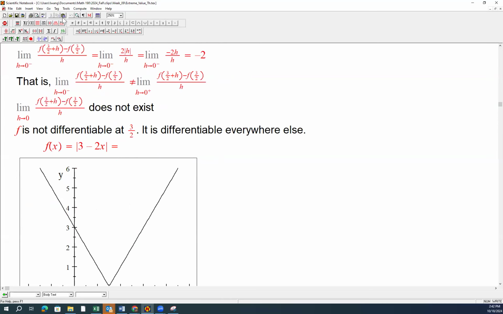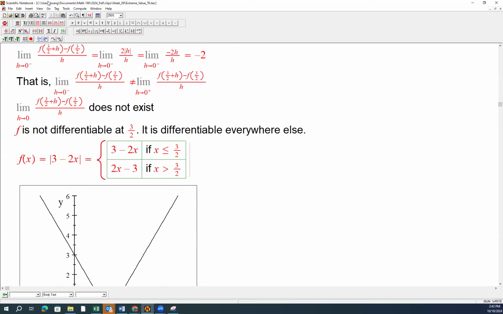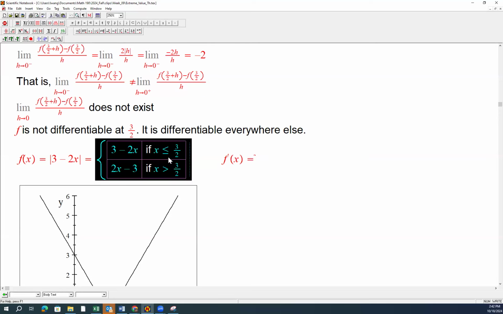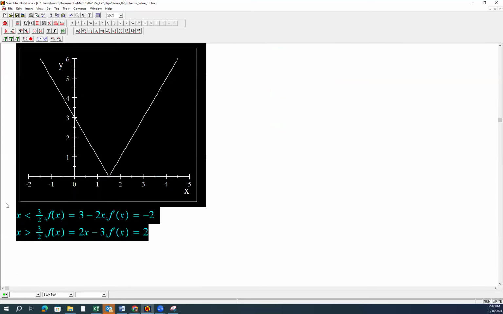Taking the derivative of this piece, we get -2. And this is positive, so we took the derivative. This does not include 3/2. So that's the derivative.